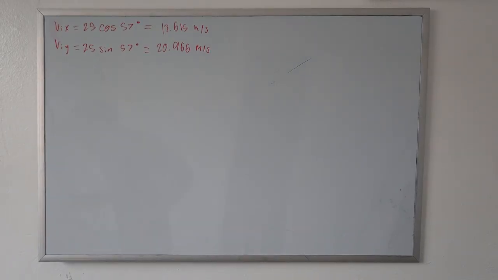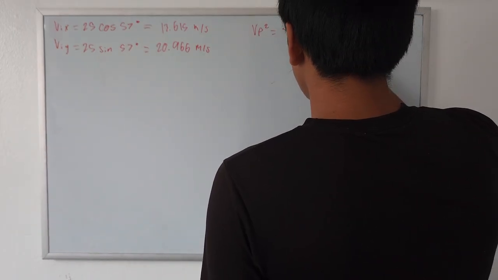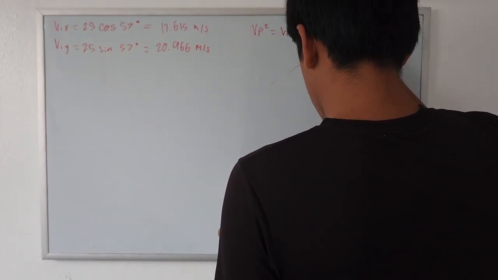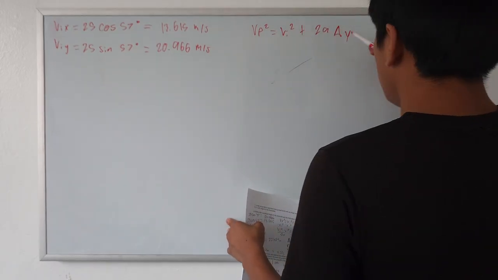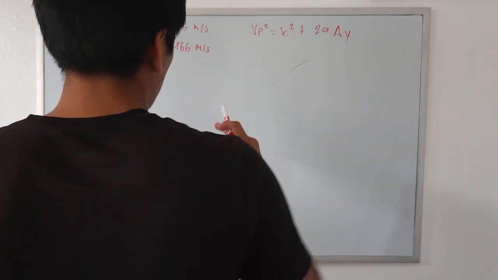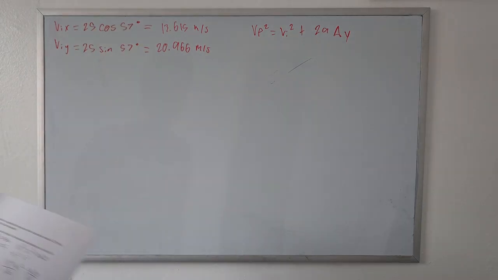To find the maximum height, we're going to use this equation right here. Velocity final squared equals velocity initial squared plus 2a delta y. Delta y because we're looking for the height, so we're looking at the y component. Now I'm going to rearrange this equation to get delta y by itself.